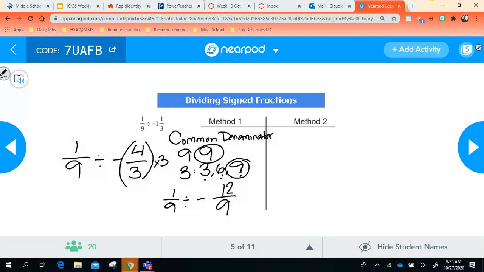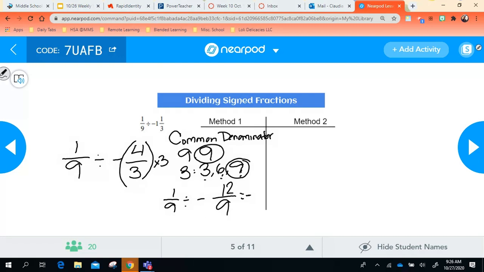What is a positive divided by a negative? What does it give me? Look at your rule. It gives me a negative. So my answer is going to be negative. Now, because I have the common denominator, I know 9 divided by 9 gives me 1.